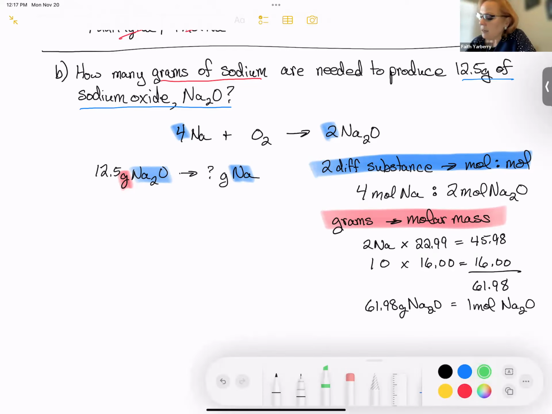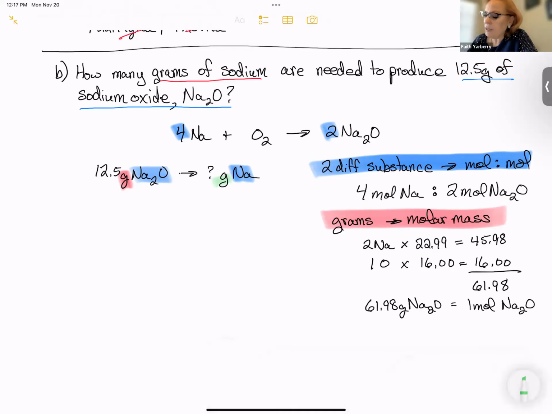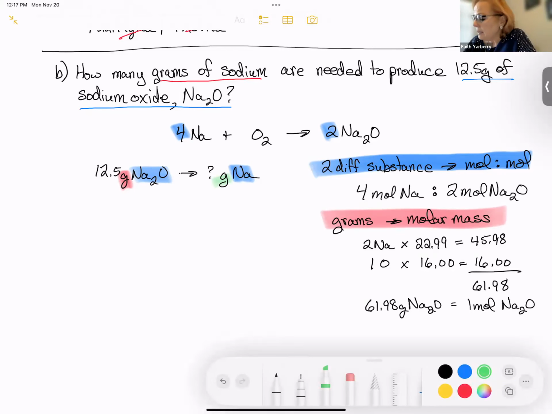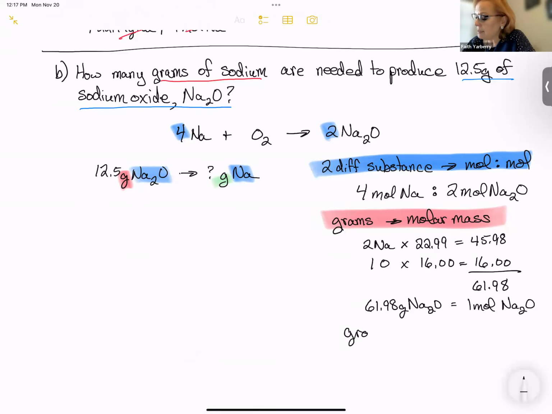The next thing I noticed is I want grams of sodium. Again, anytime I see grams of sodium, or anytime I see grams in general, I automatically go to the molar mass.